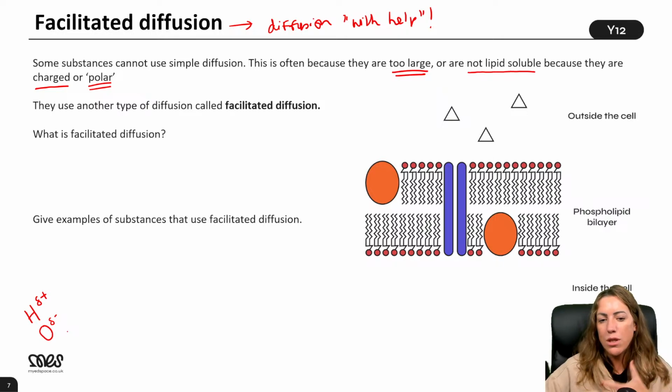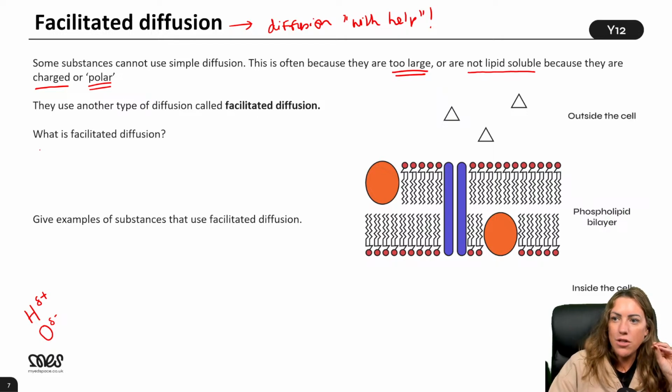It's so small that it can use simple diffusion, but cells also move water with facilitated diffusion to speed it up, especially cells like the cells in your kidneys that need to move water quickly. They will use a lot of facilitated diffusion for water because simple diffusion is too slow for water.